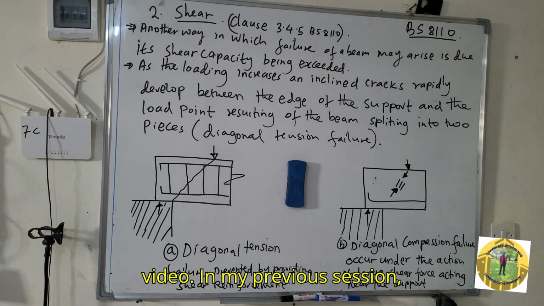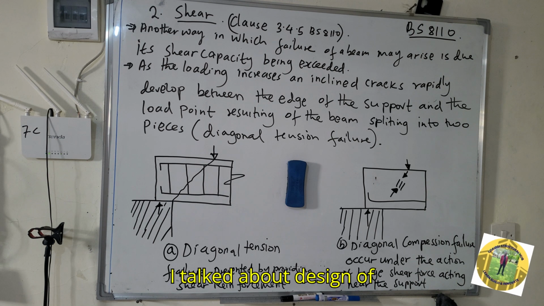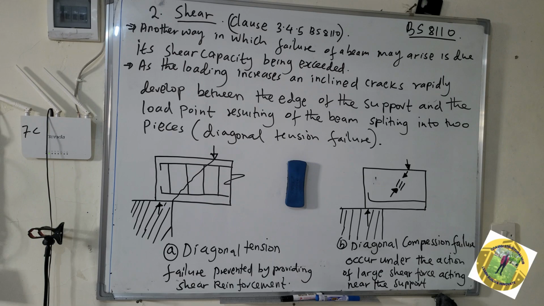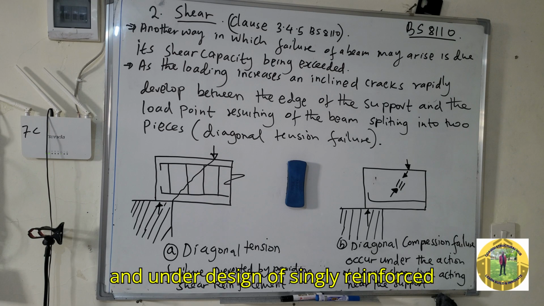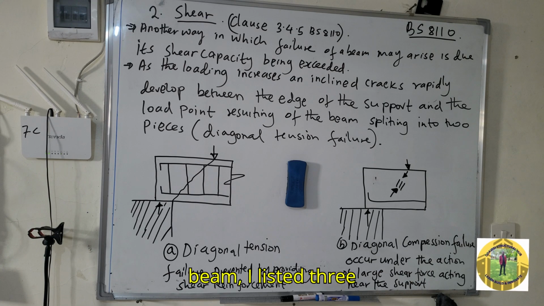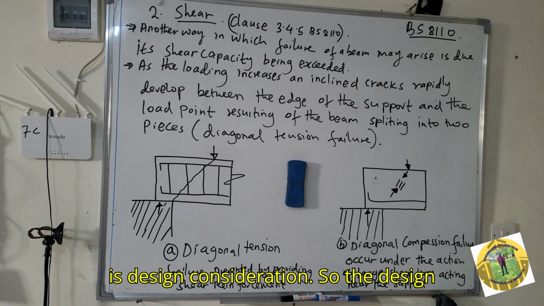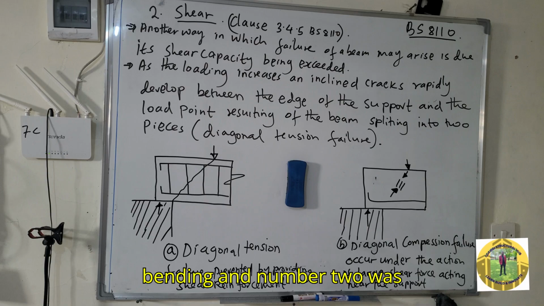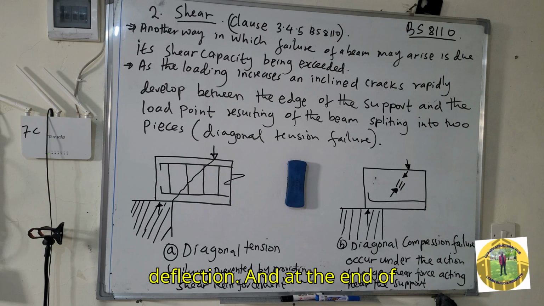In my previous session, I talked about design of singly reinforced beam, and under it I listed three items, that is design considerations. Number one was bending, number two was shear, and number three was deflection.